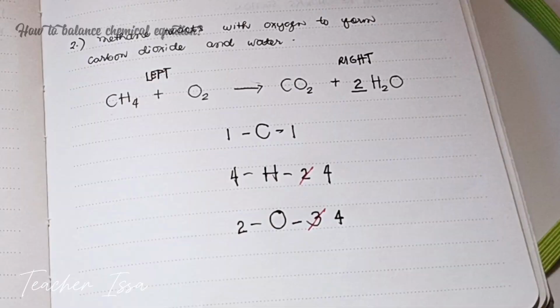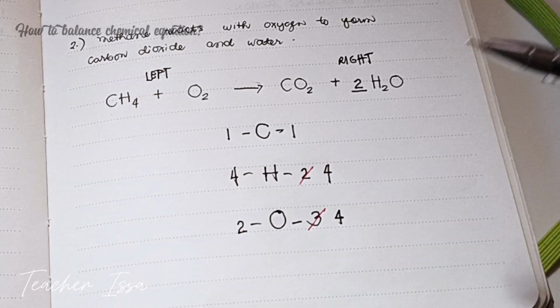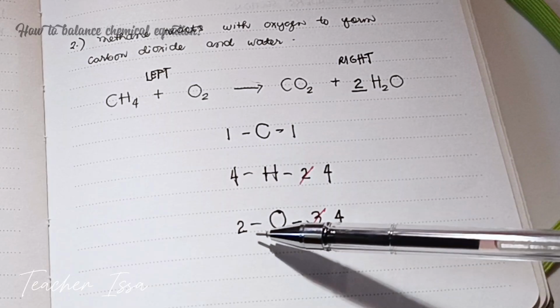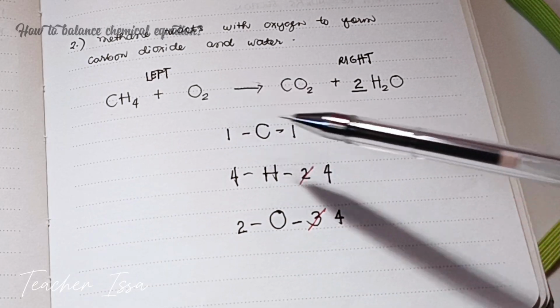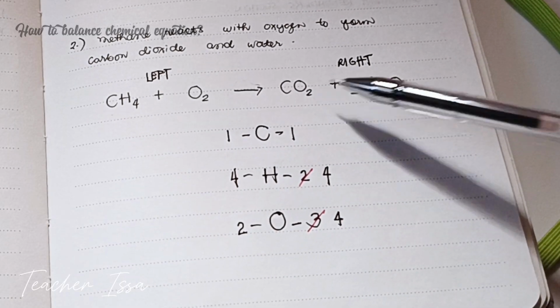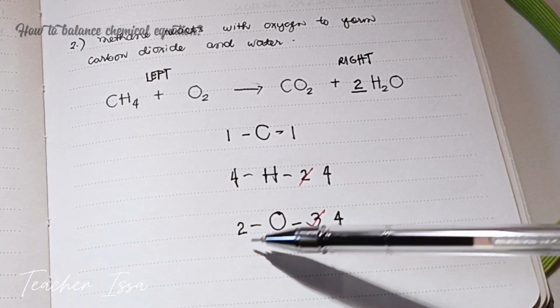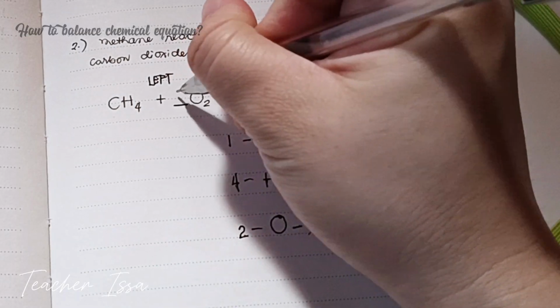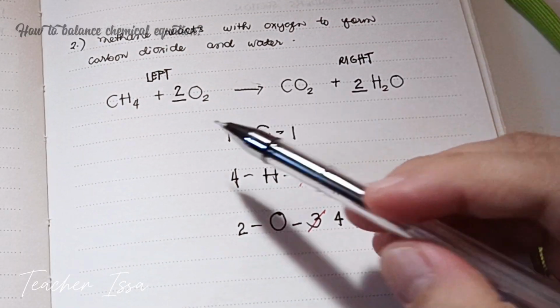Next, we will balance the oxygen. As you can see, the left side has 2 oxygen atoms. The right side has 4 oxygen atoms. So now let us put 2 in front of O2. Now count everything again.